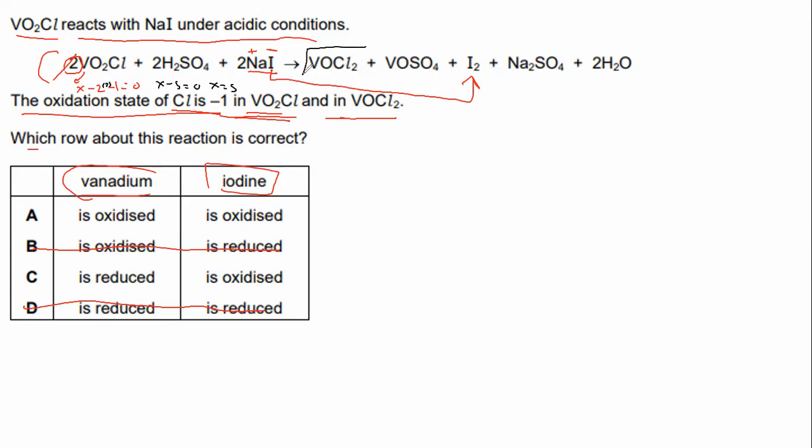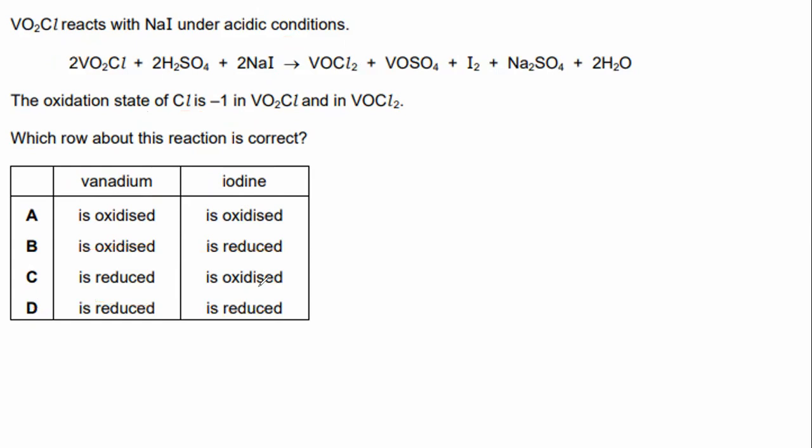And in VOCl2, vanadium is X, oxygen -2, 2 Cl's, it is -1, -1, equals 0. And X in this scenario will be +4. So X goes from 5 to 4. This is reduction. So this is the correct answer, C. We move to the next question.